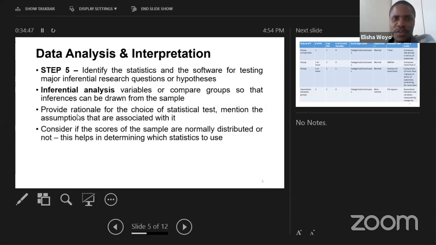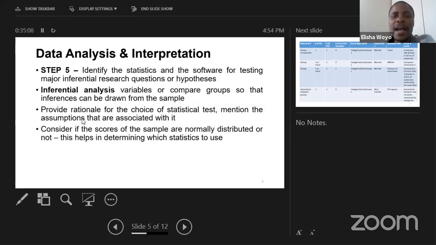And every time you are writing this section, if you are to use regression analysis, please tell us the reason for using regression analysis. If you are to run independent t-tests, please tell us the reason why you are running independent t-tests.